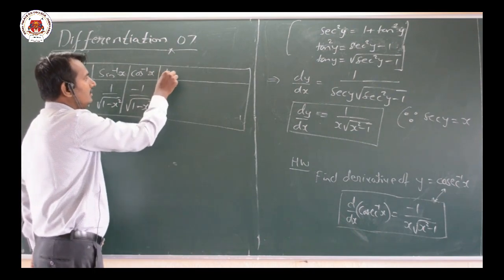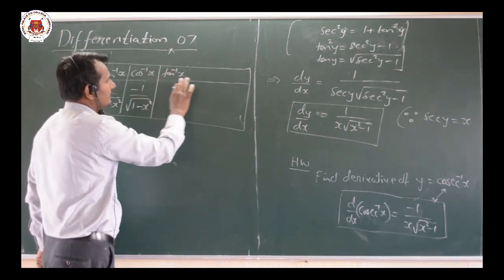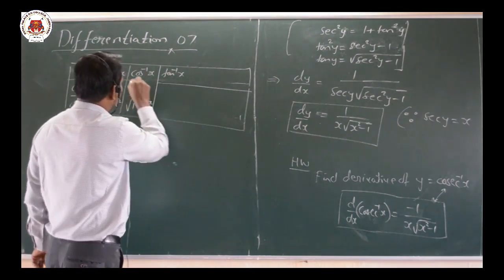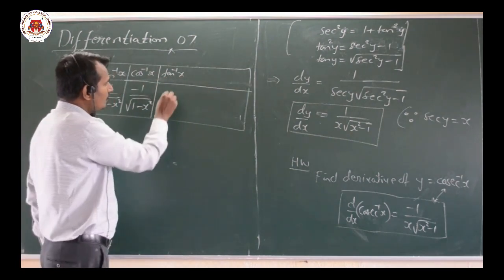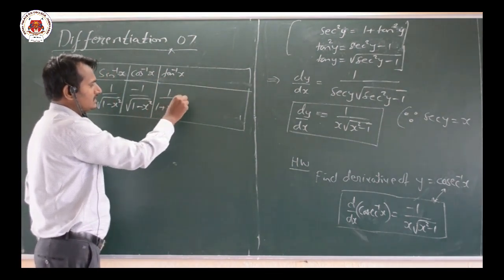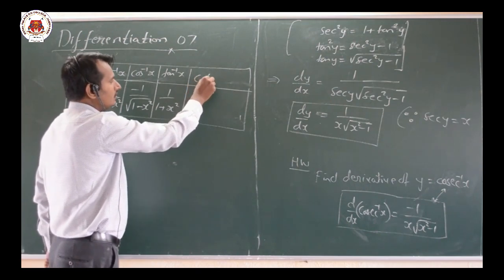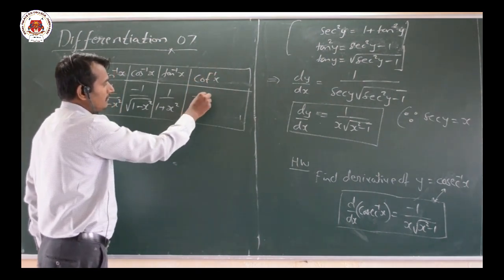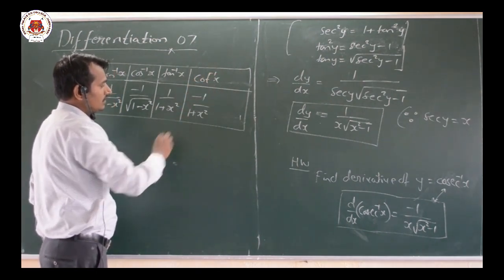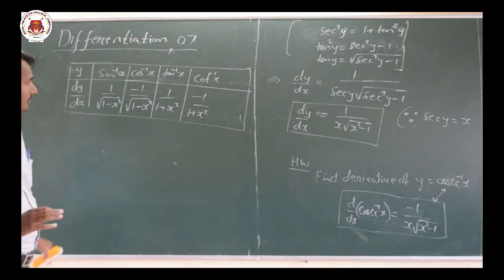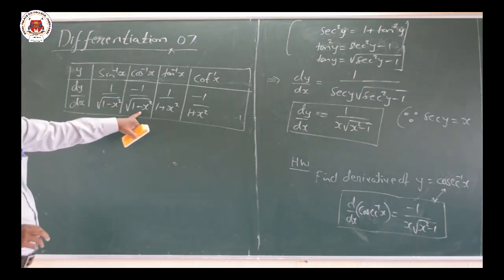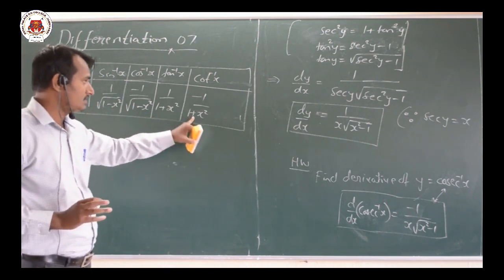Then we have tan inverse of x, whose differentiation is 1 divided by 1 plus x square. Similarly, cot inverse of x is minus 1 divided by 1 plus x square. It is very easy to remember, since we can observe the similarity between sine inverse and cos inverse, and between tan inverse and cot inverse.